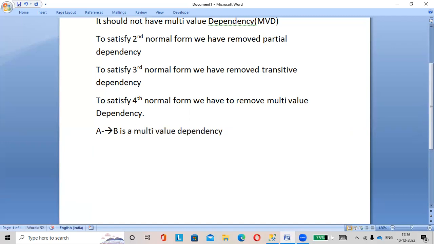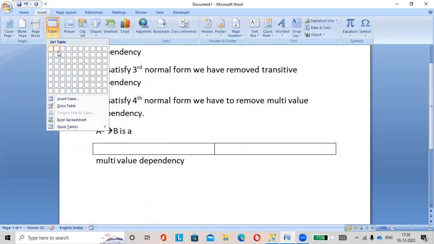What is the meaning of it? Any dependency A derives B is said to be multi-value dependency if for a single value of A, more than one value of B exists.